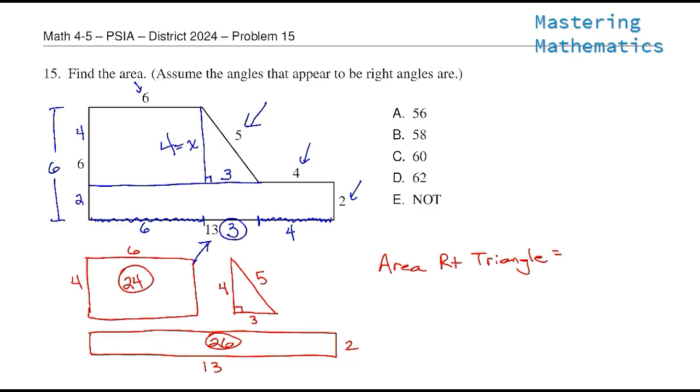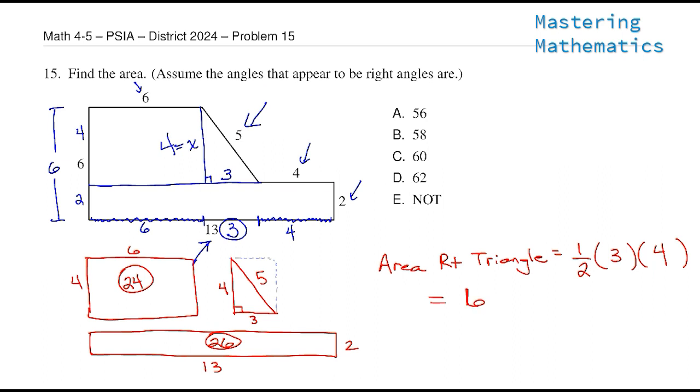I could draw it in here if I sort of drew it like that. There's the rest of the rectangle that's missing from the triangle. So it's half times the base and the height, or the length and the width, which are 3 and 4. 3 times 4 is 12, and 1/2 of that is 6.